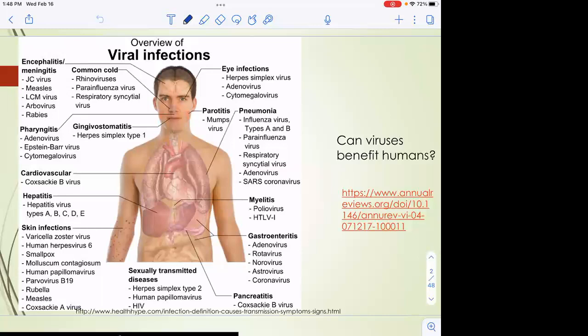I recently came across an article that's a few years old now, but can viruses benefit humans? And this whole article was trying to show ways that they actually could. A couple of the things that they mentioned in there is that there is some evidence that there may be some symbiotic relationships between some viruses and some cells.